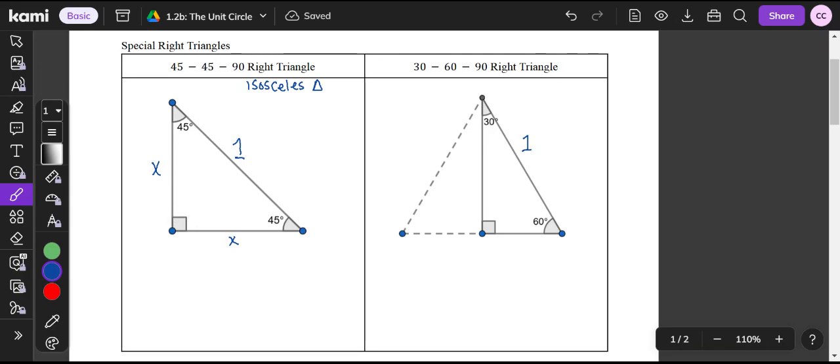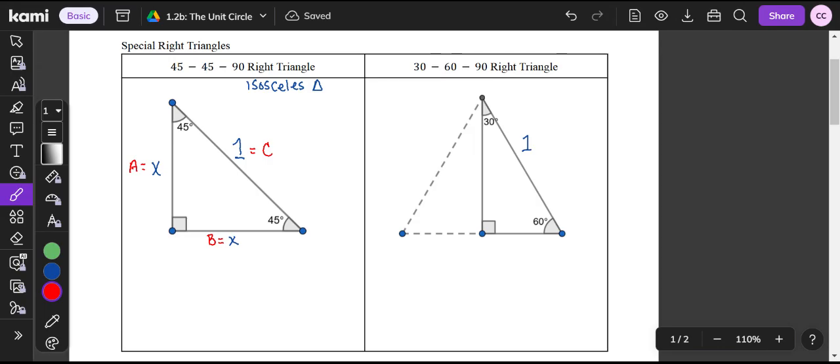I'm going to set up the Pythagorean theorem and solve for the value of x. Remember, it's a squared plus b squared equals c squared, where a and b are the two legs of the triangle, and c is always the hypotenuse.